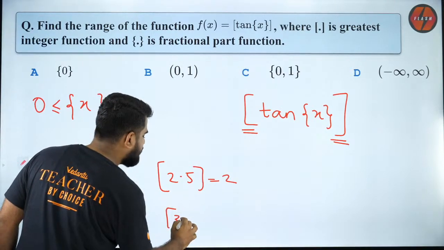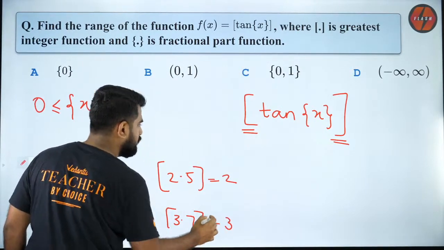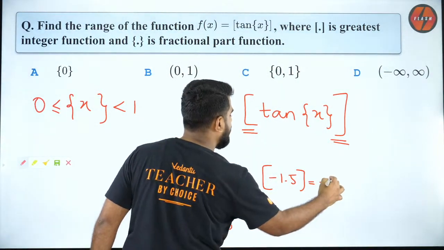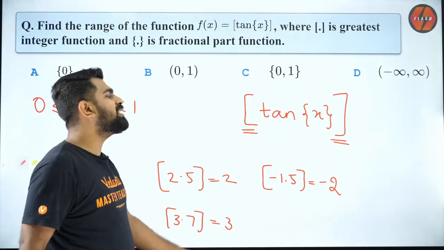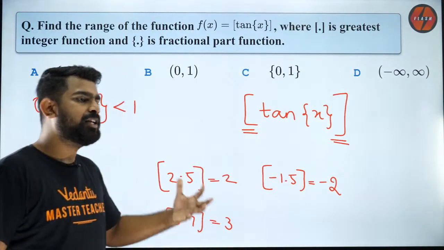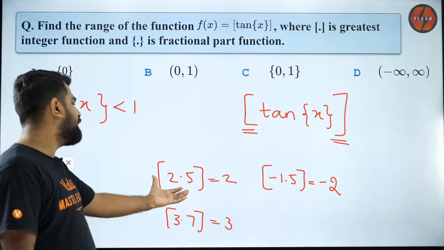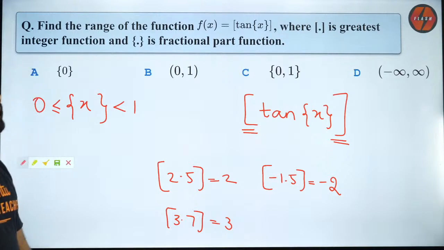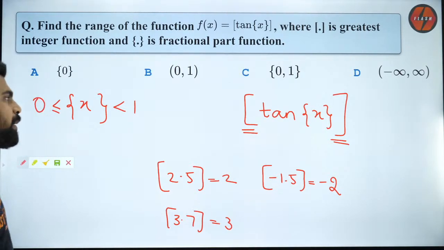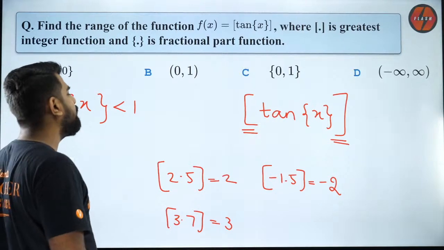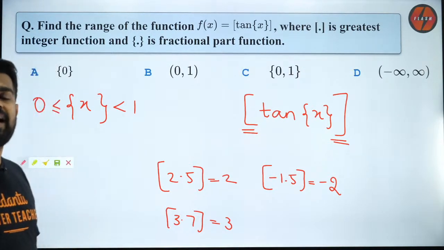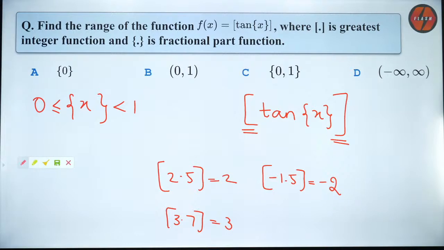GIF of 3.7 is equal to 3. GIF of minus 1.5 is equal to minus 2. So what is GIF? GIF is nothing but the greatest integer less than or equal to the given number. It is also called the step function. It is also called the box function. It is also called the floor function.